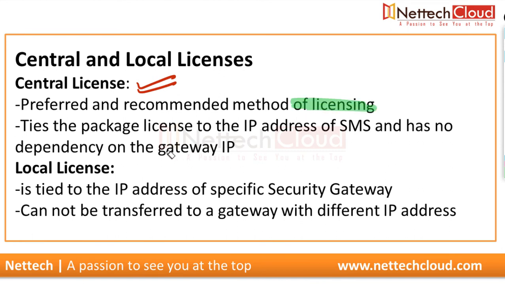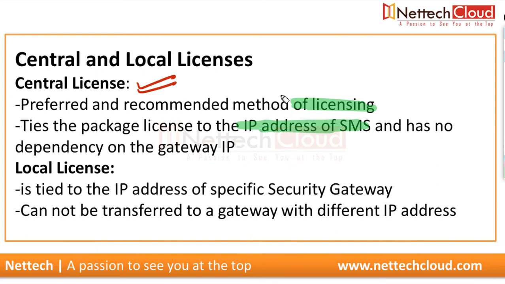This one, central, ties the package license to the IP address of the SMS. Important point here, right? The license is tied with the IP address of the SMS, not with the gateway IP address. So there is no dependency on the gateway IP address.